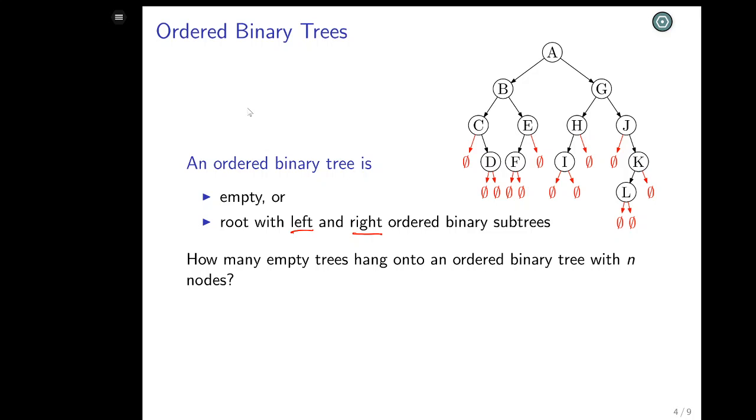How many empty trees hang on to an ordered binary tree with n nodes? You're counting this picture. That's bad. Draw with your pen a little picture so that you can count it more quickly.